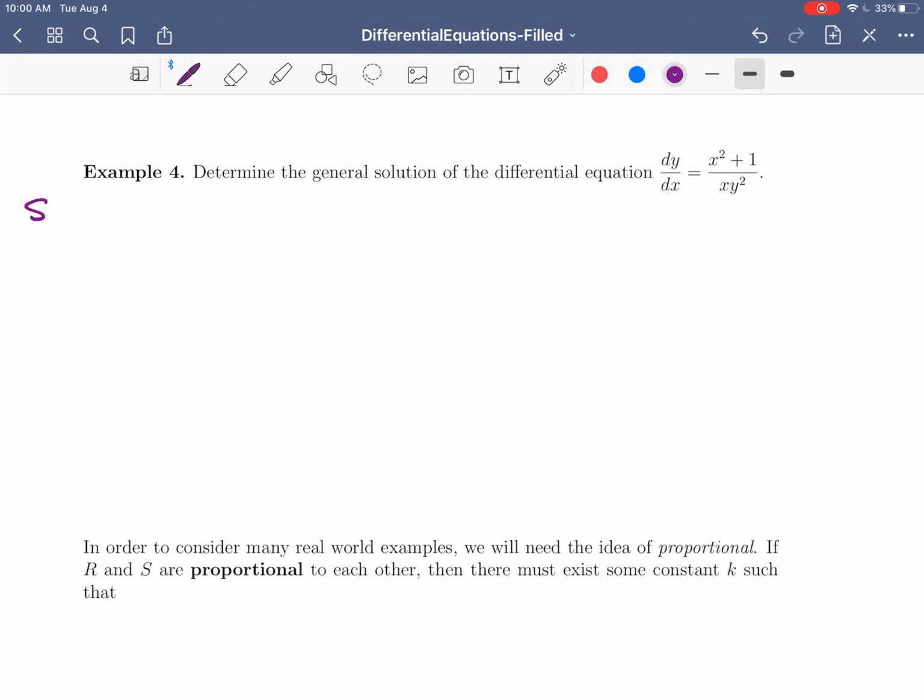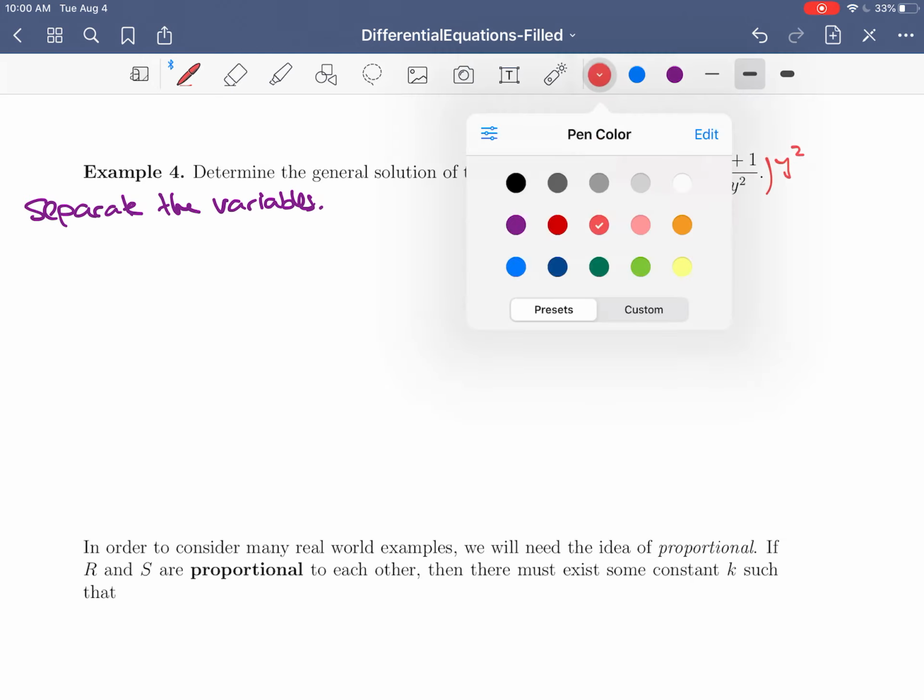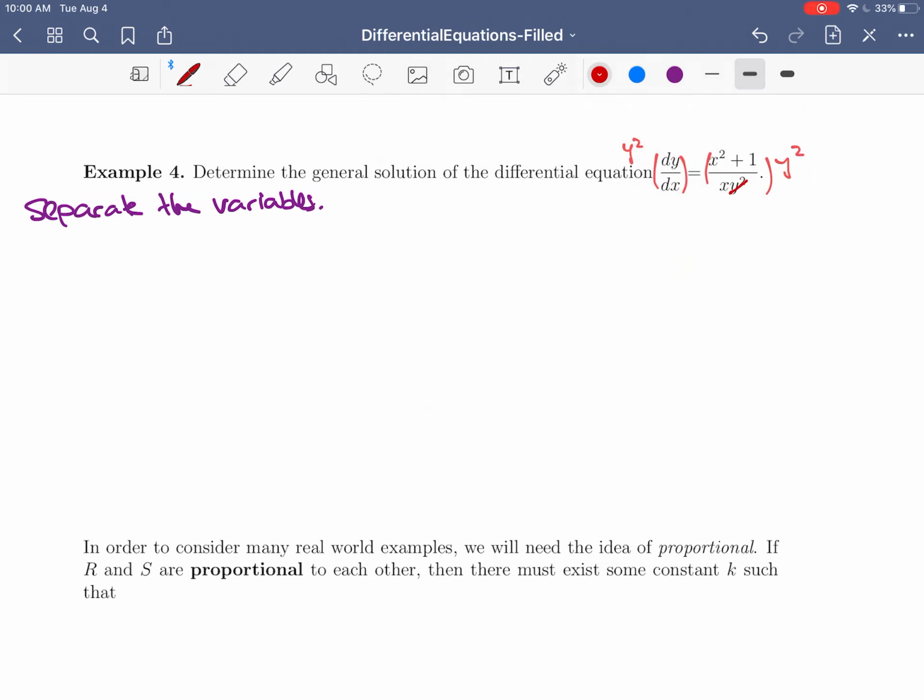Okay, so our first step is to separate the variables. Okay, so I'm going to multiply both sides by y squared. Okay, because that's going to move it from this side on the bottom. Those are going to cancel out.